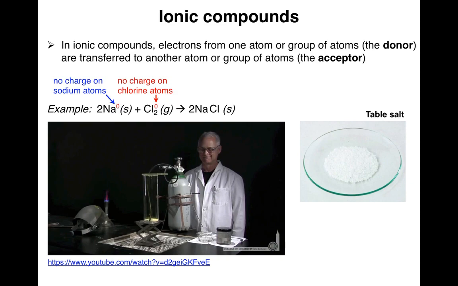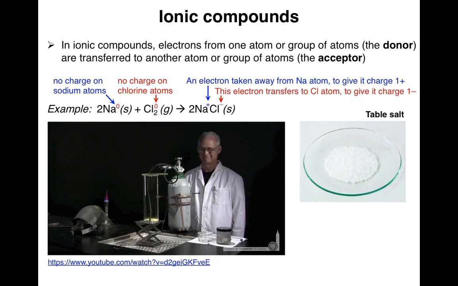Therefore, a sodium cation with a net charge of 1 plus and a chloride anion with a net charge of 1 minus are formed. This is an oxidation-reduction reaction, since a transfer of electrons from one substance to another occurs, and the charge states of the atoms involved in the reaction change.